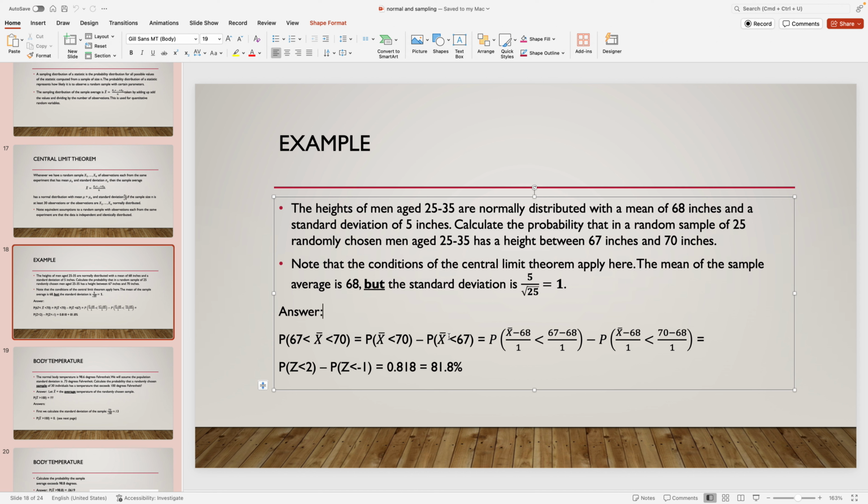We do the subtraction again, and then we do the z-score. Now the z-score changes because our standard deviation changes to 1. So doing this tells us that there's an 81, nearly 82% probability the sample average in this situation will be between 67 inches and 70 inches.